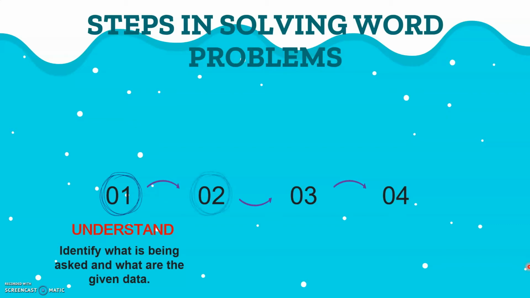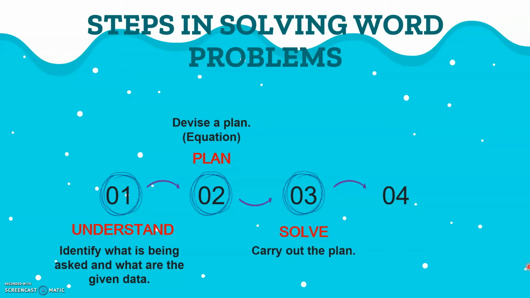Then, followed by plan. We will devise a plan, thinking of an equation that will solve the problem. Third is solve. You will now carry out the plan or the equation that you made. And last but not least is look back. You will now check and interpret your answer.